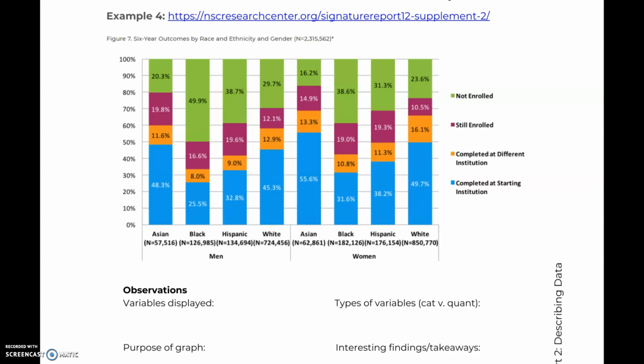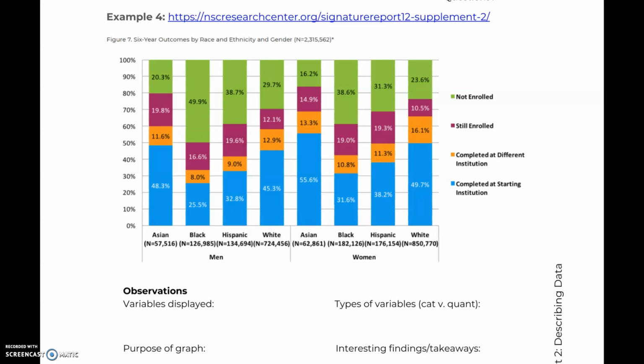The nice thing about these is that you're able to compare percentages, and you can really see the differences, like which race and gender had the highest completion rate at the starting institution. You simply look at the height of the bar.